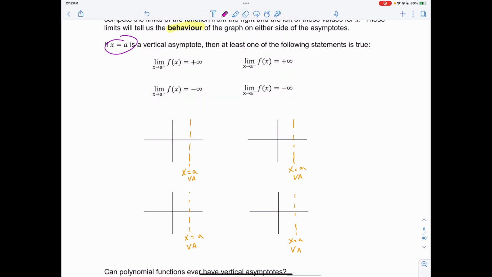We can say that the limit as x approaches a from the right side for f of x is equal to positive infinity. So as I approach a from the right side, my f of x is going to shoot up to positive infinity, and it would look like that.